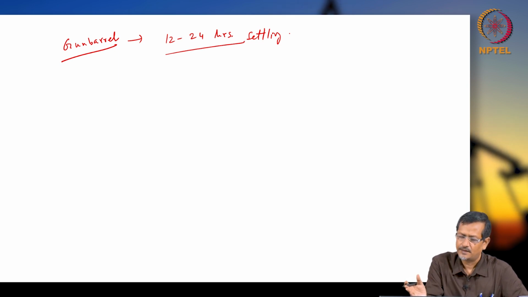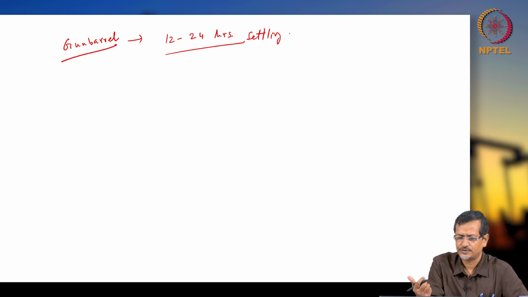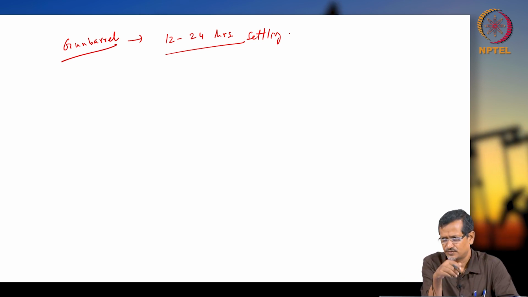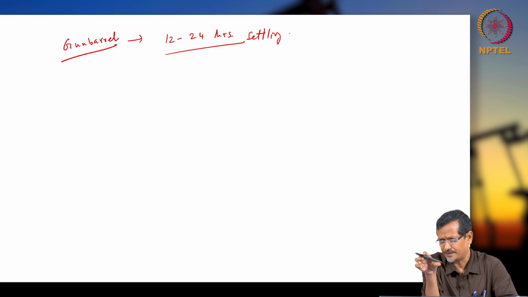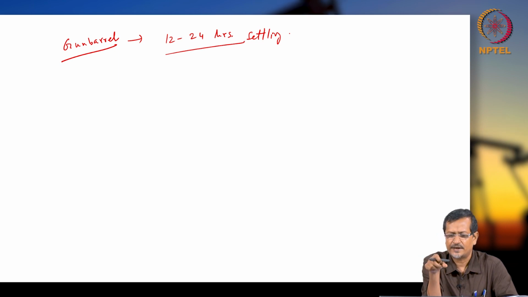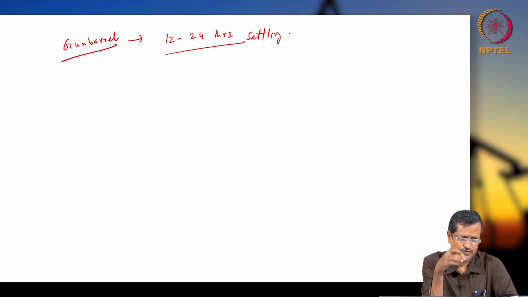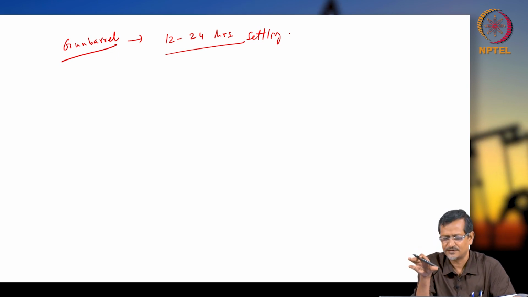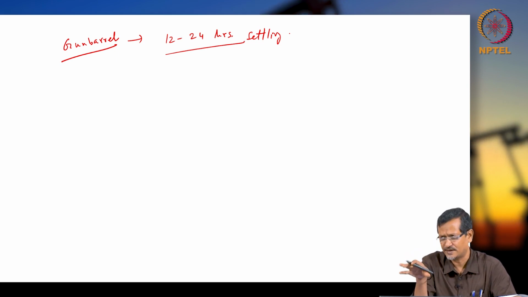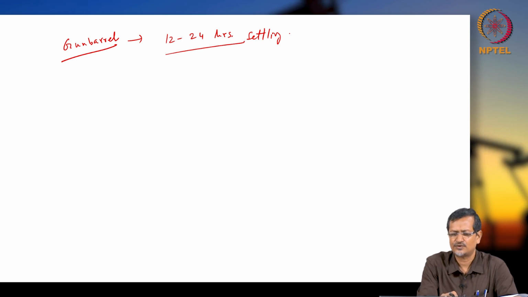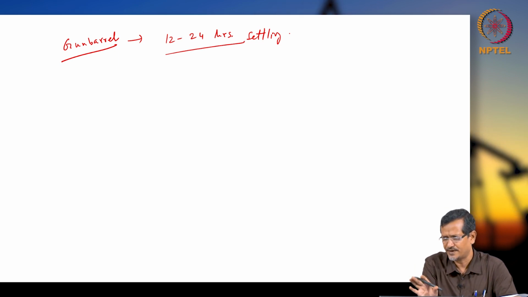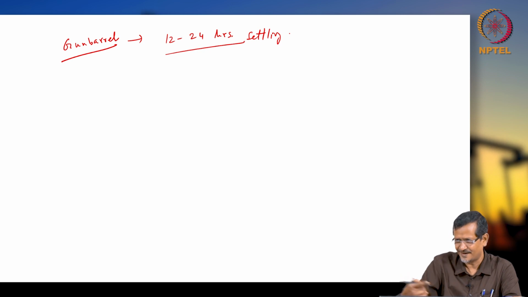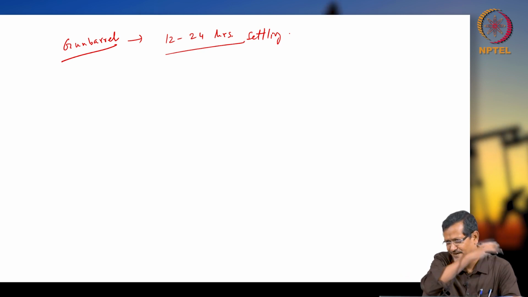Why you should remember the thumb rule: when I was working in the industry, many times the company supplies data for calculation, but many times you have to assume. So when you are guessing, that guess should be a little bit practical. Let us say you do not have any idea how much the settling time is. Take some value within 12 and 24 hours, start calculating, iterate and go back to the basic calculation again.